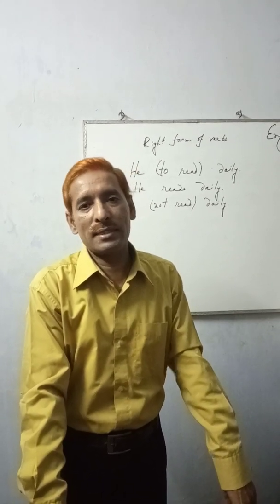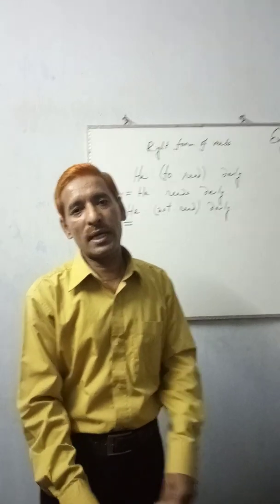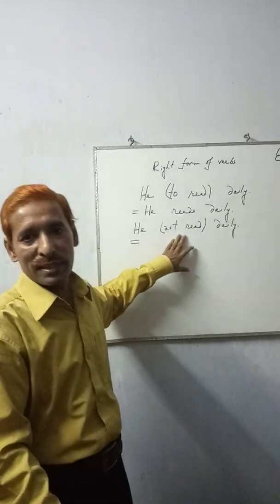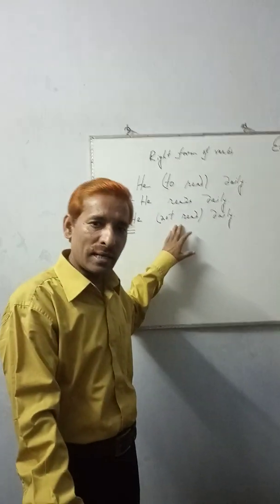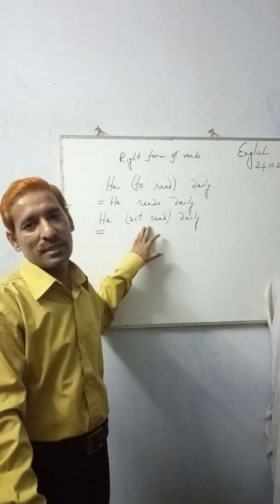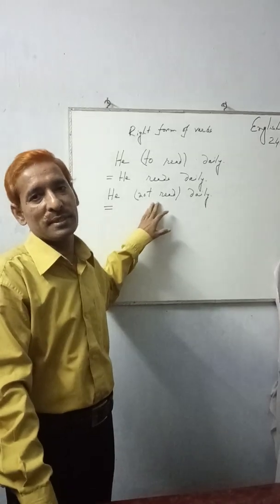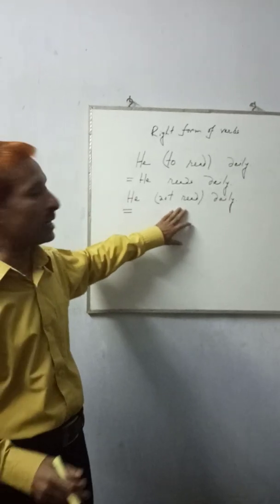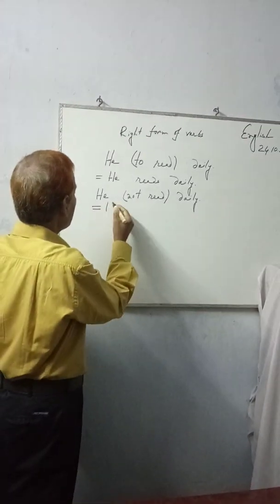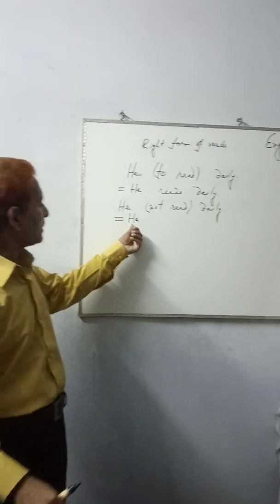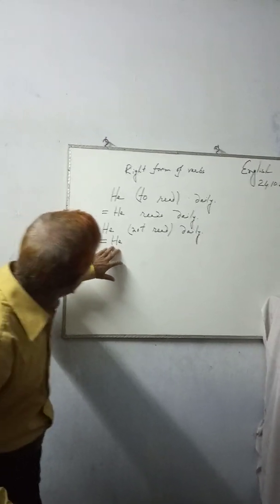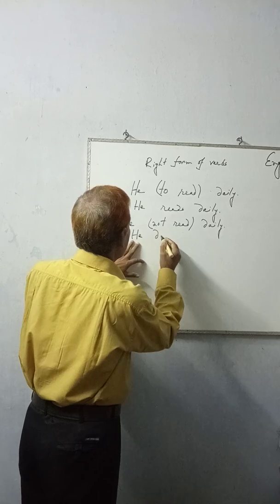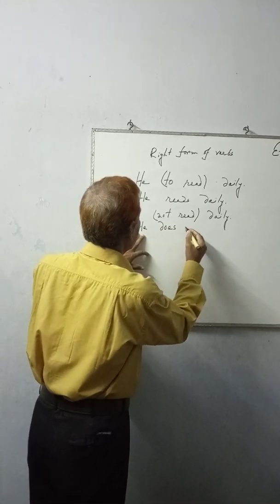do, does is used as auxiliary verbs. Do, does are used for negative sentence and for interrogative sentence, and also for negative interrogative sentence. According to the rule, for third person singular subject we take does, that is does not.